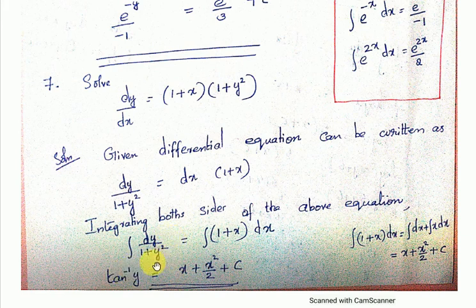So integral 1 by 1 plus y square is tan inverse y, equal to integral 1 plus x dx. Integral 1 plus x dx equal integral 1 into dx, that is dx. So integral dx plus integral x dx. Integral dx is x. Integral x is x square by 2. So here the solution is tan inverse y equal x plus x square by 2 plus c.